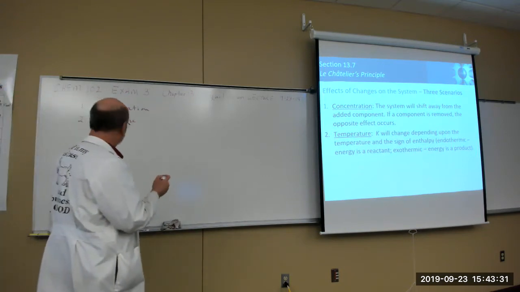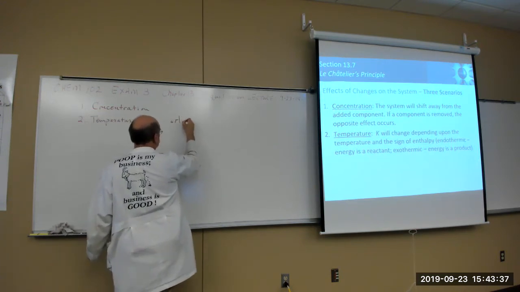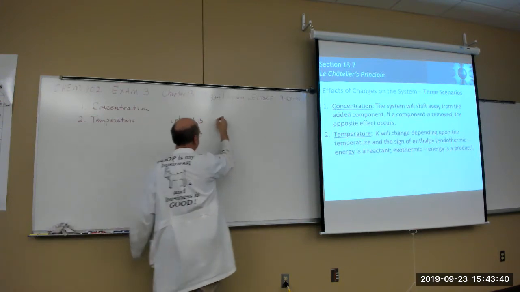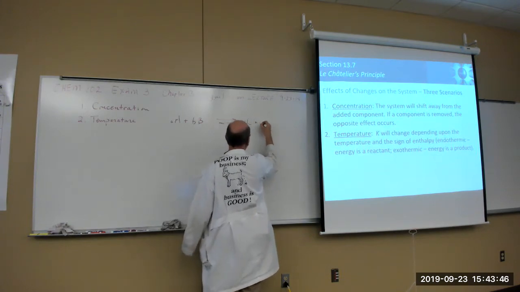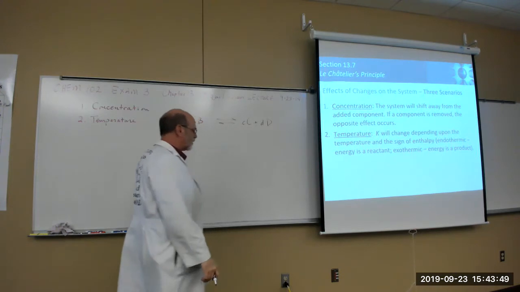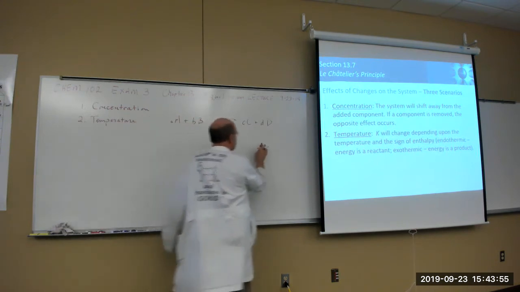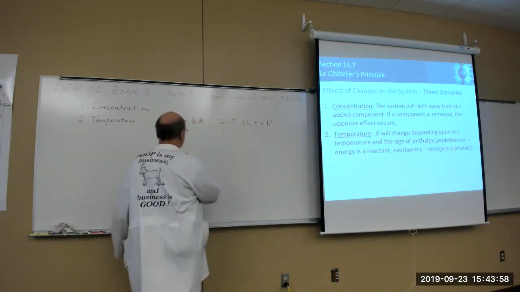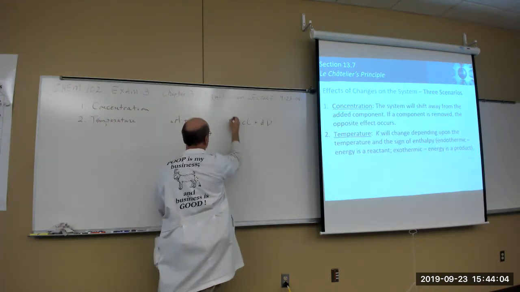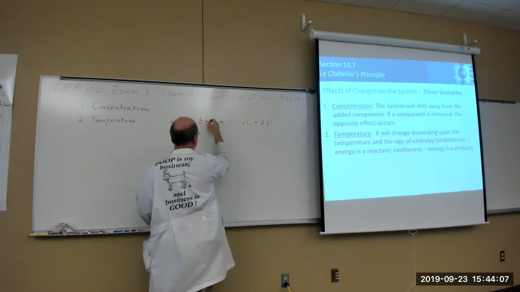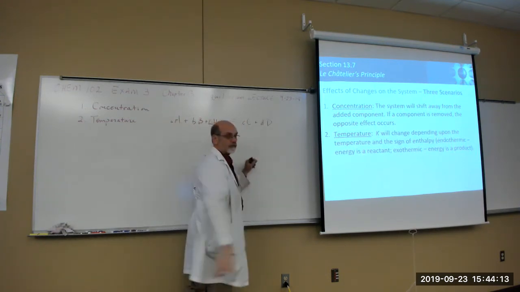So here's the way I look at it. For temperature, if you have this situation in equilibrium, C plus D, it all depends on which side the heat comes out. Does the heat go in here, or does the heat come out here? We use an abbreviation for that heat, delta H. So if it's an endothermic reaction, heat is being added to the reactants to make products.